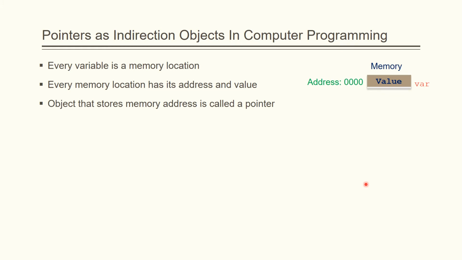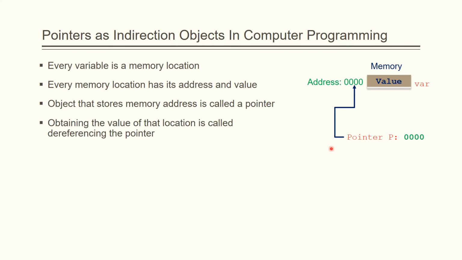An object that stores a memory address is called a pointer. So let's suppose we have a pointer called P, and it stores an address which is 0000, which means the address of this location. Now this is called a pointer and it points to this location.